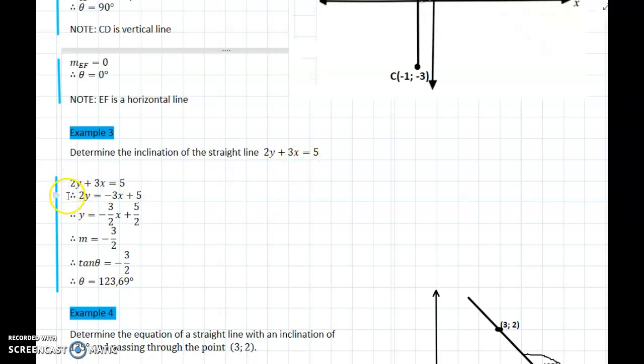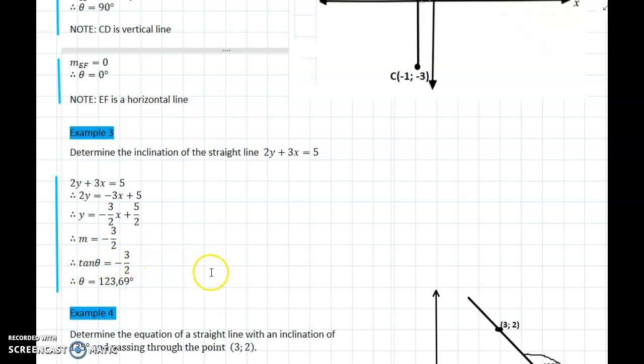So therefore, we're going to transpose this term here. 2y becomes minus 3x plus 5. Divide both sides by 2, get minus 3 over 2 x plus 5 over 2. So my gradient is therefore minus 3 over 2. I have my gradient. Therefore, to find the inclination, I use tan theta is equal to the gradient.